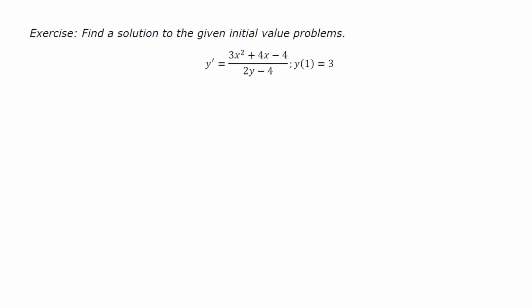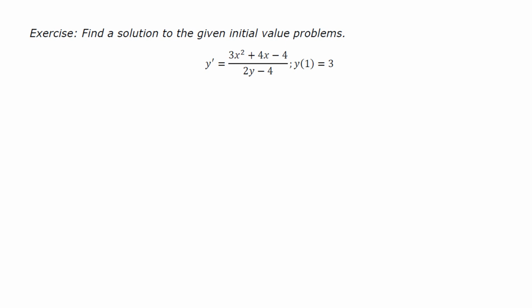Okay, so now for these next 3 exercises, we're going to find a solution to the given initial value problems. So in the first 3, we found the general solution, and so for these next 3, we're going to be taking it one step further. Now that we have an initial condition, we can find a unique particular solution to our DE.